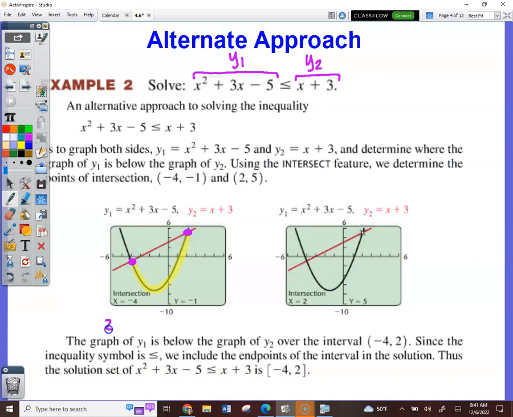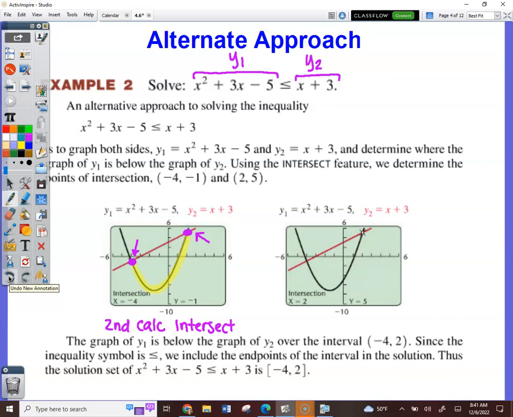So you would have to do second calc intersect, and then it's 3 questions, and you have to find this one, and you have to find this one, and you would end up finding that that's at the x coordinate -4 and the x coordinate 2, which translates exactly to what we already have.